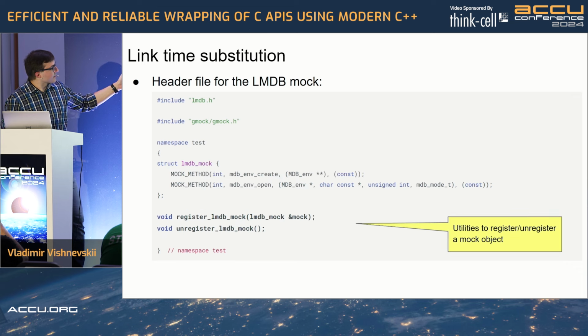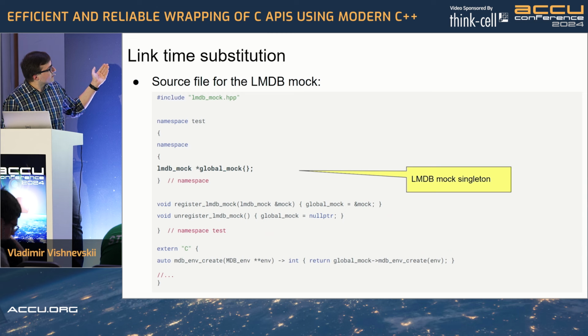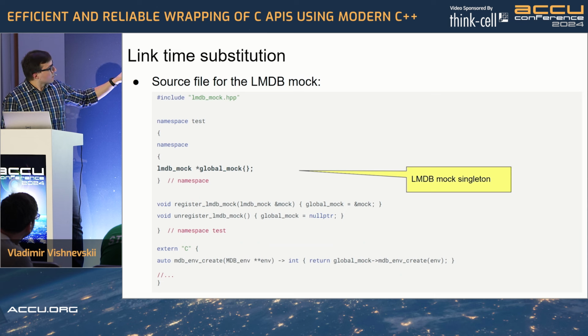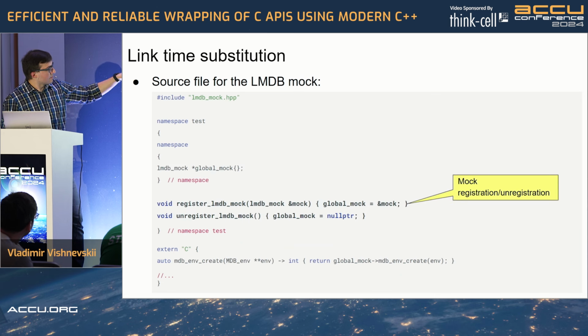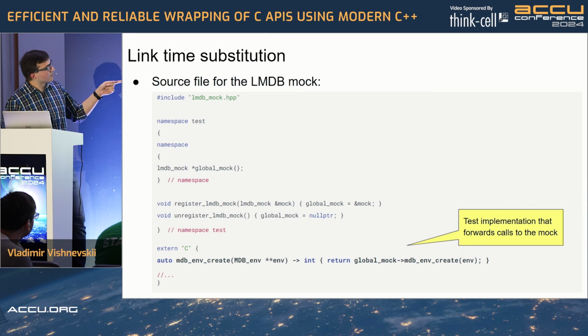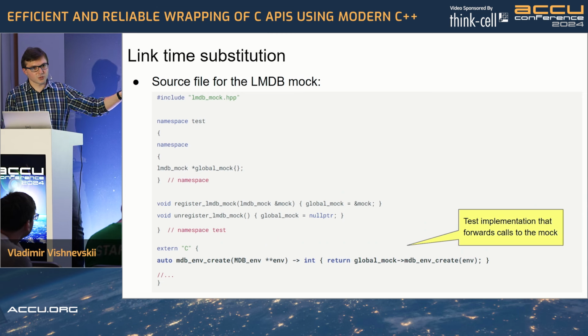Then we declare the functions to register this mock object. In the implementation, we will have this global mock that will be a singleton for us. We will set and reset it by the register and unregister functions that we declared, and here we implement them. And the implementations of the C API functions will forward the calls to the mock object.